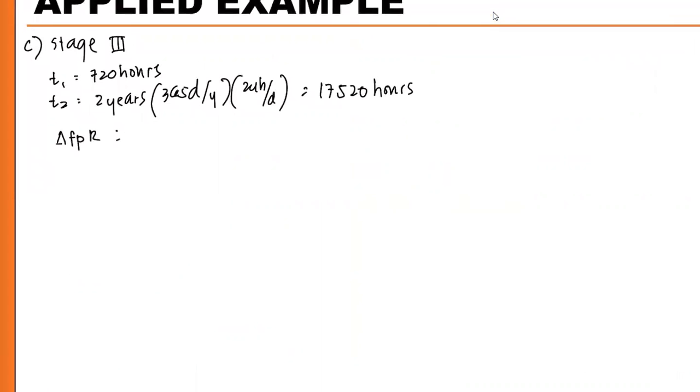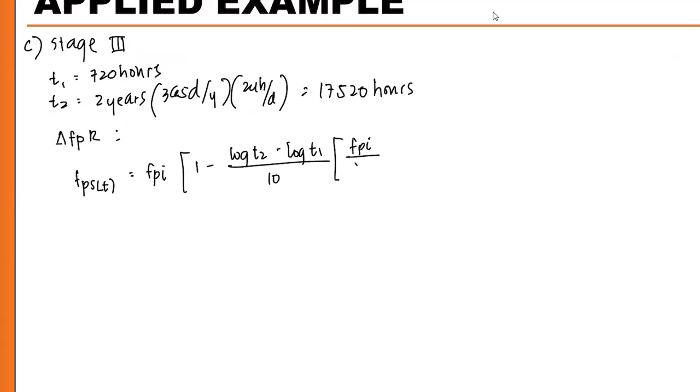Okay? So, again, para ma-estimate yung ating stress given yung time natin, we have FPI times 1 minus yung log T2 minus log T1 all over yung 10 natin o yung K, then FPI over FPY minus 0.55. Okay?